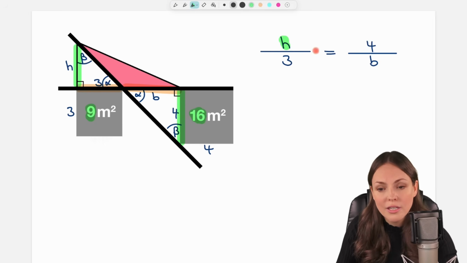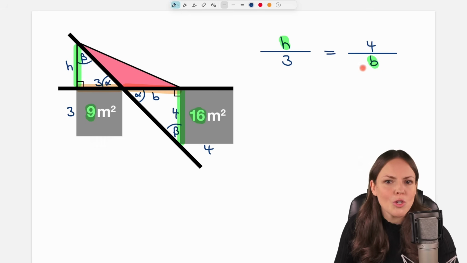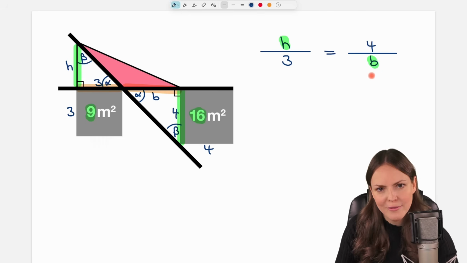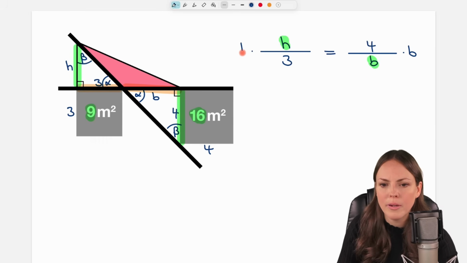We have H in here, we have B in here. Two variables in just one equation is not perfect, but maybe we can still use it. So maybe let's bring both variables to one side. So let's bring the B here to the other side by multiplying by B here and by B here. So here we have B times H, and we divide this by 3.